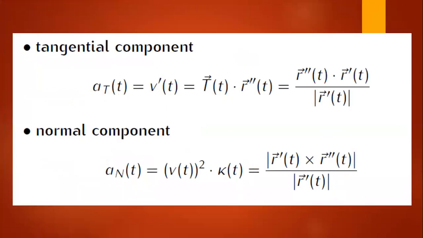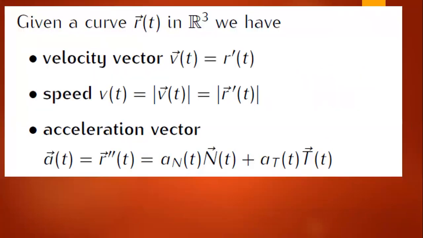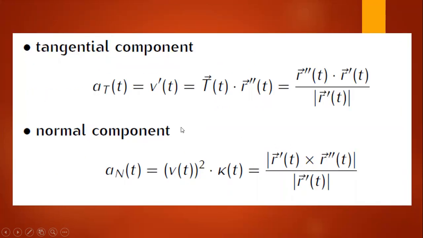Next, tangential components. In the previous, this a_N is the normal component and this a_T is the tangential component. The tangential component a_T is equal to v prime of t, the derivative, which equals T of t dot r double prime.